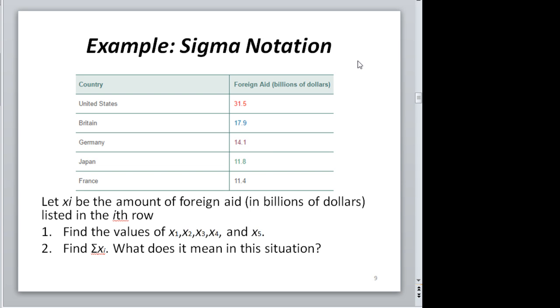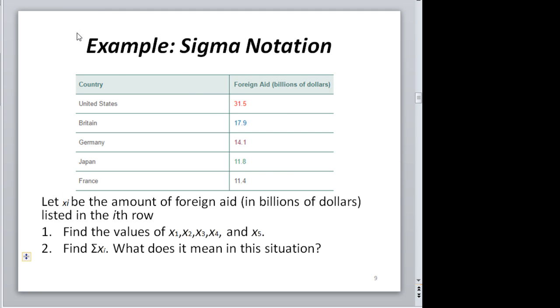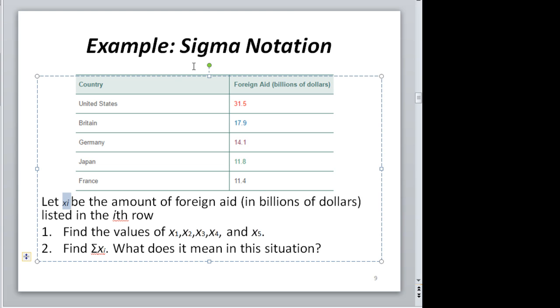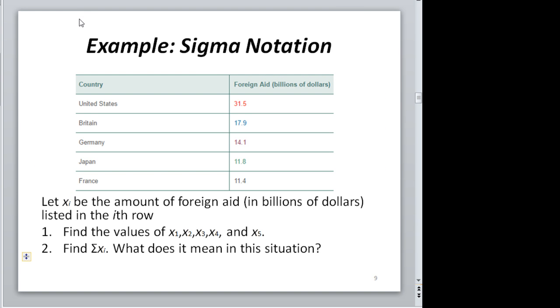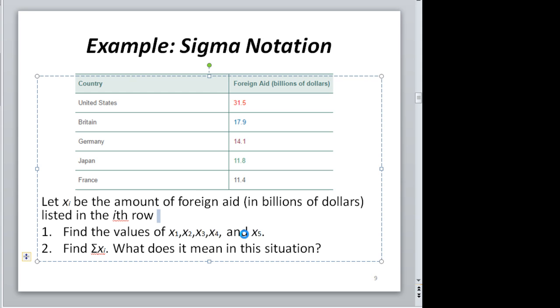Okay, so let's do some examples of this sigma notation. Let xi, that's a small i by the way, be the amount of foreign aid in billions of dollars listed in the ith row.